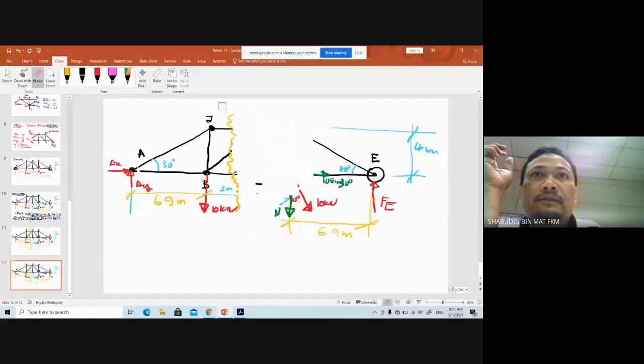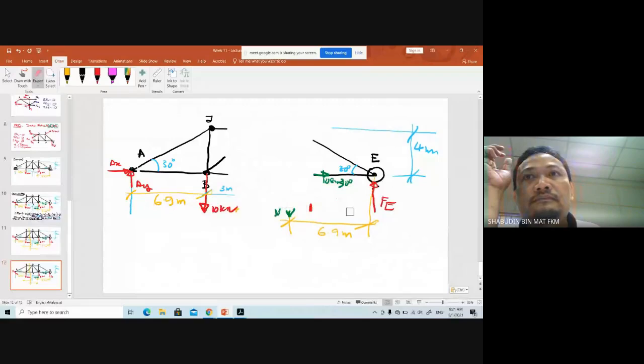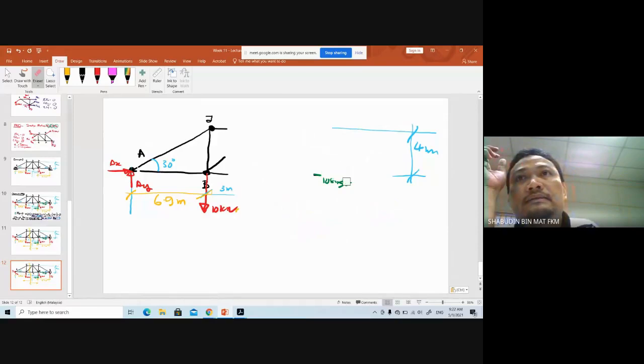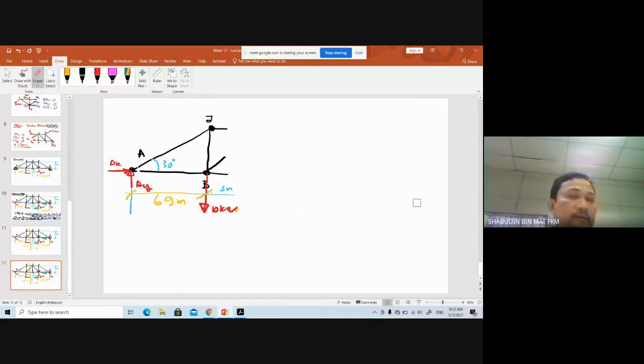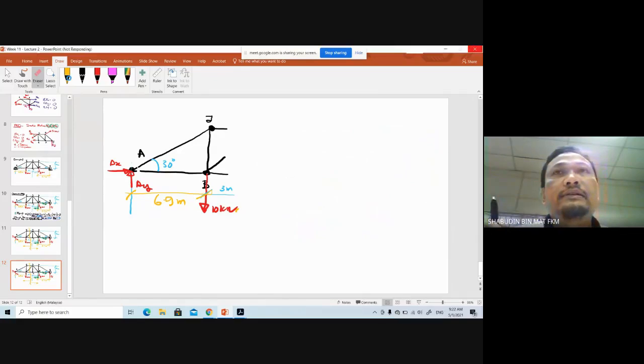Remove that. Remove it. Okay, you have cut that section.